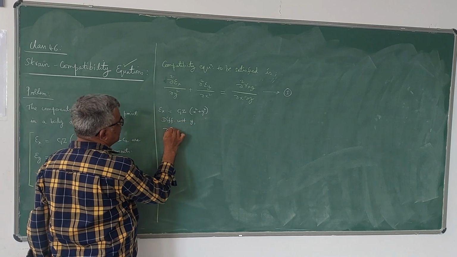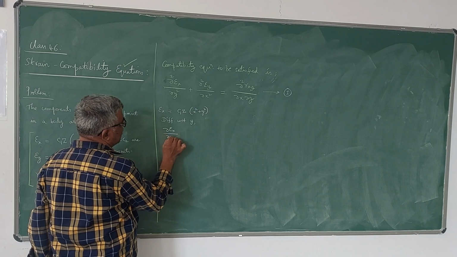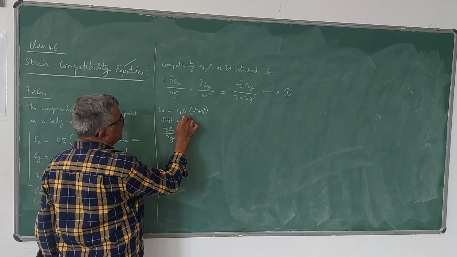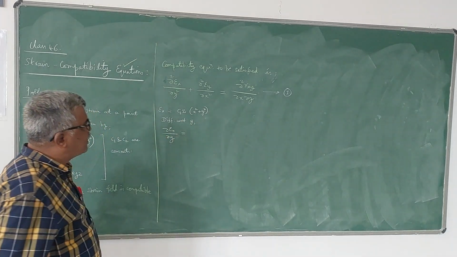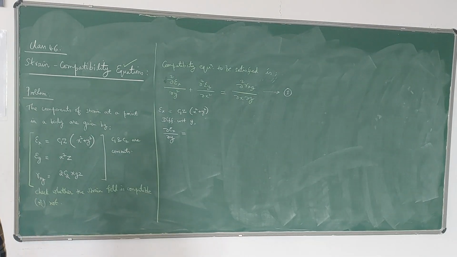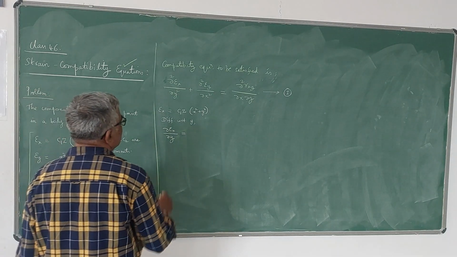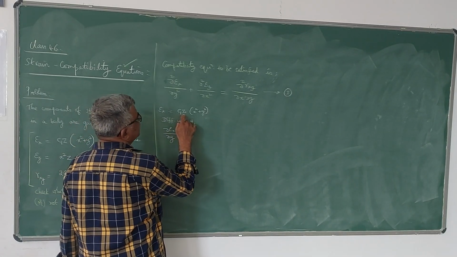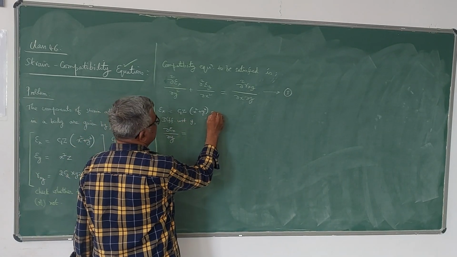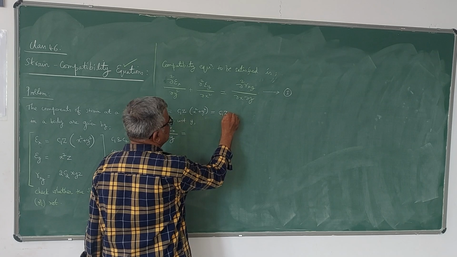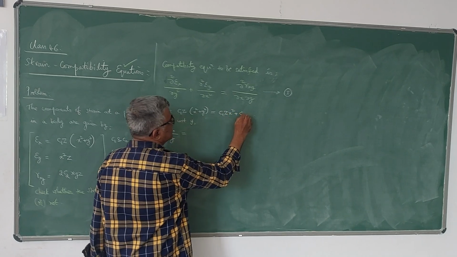If you differentiate first, dou epsilon x by dou y: when you are differentiating with respect to y, we have to keep x and z as constants. I can write it as c1z x square plus c1z y square.